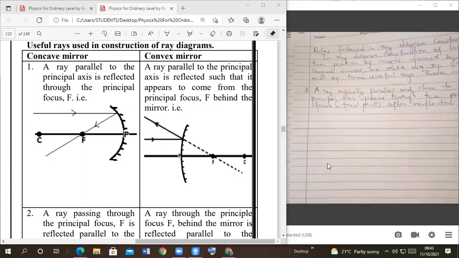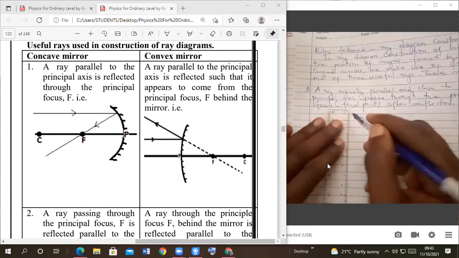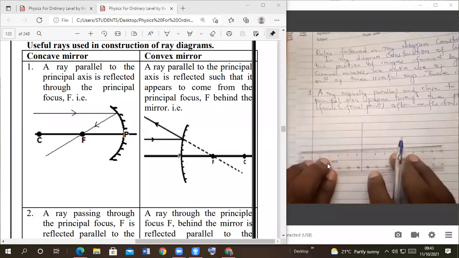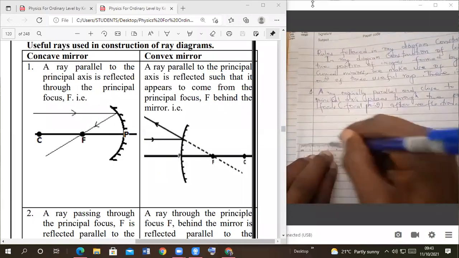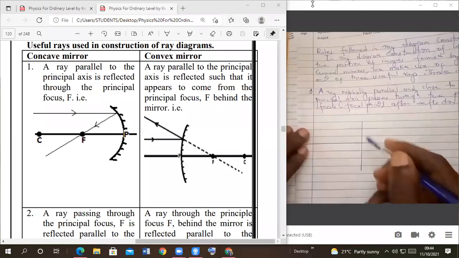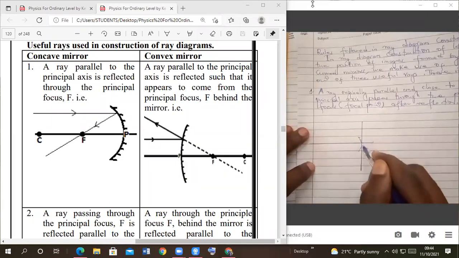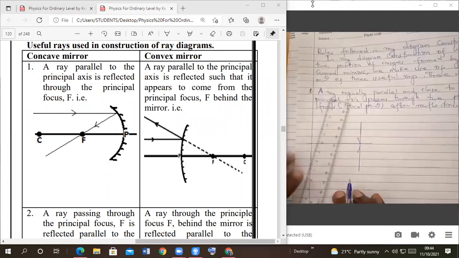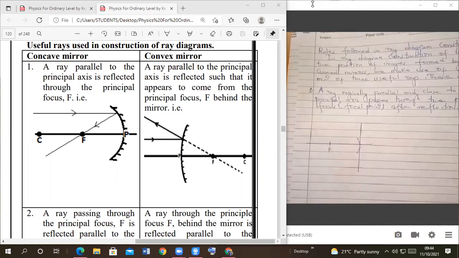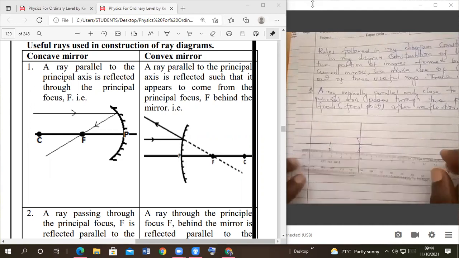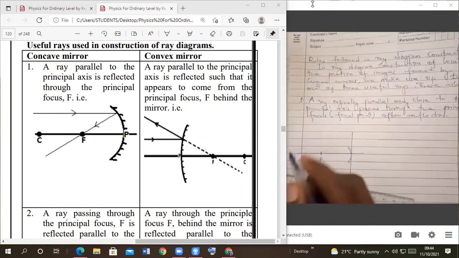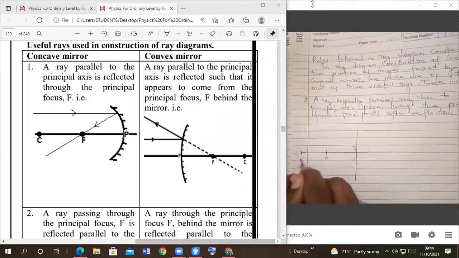Let's see how we construct that one. If this is my mirror, the pole of the mirror, let me say I'm drawing for a concave. I told you we shall have what we call the principal focus or the focal point. When you are drawing it, the distance must be equal, approximately equal. So this is going to be our center of curvature.